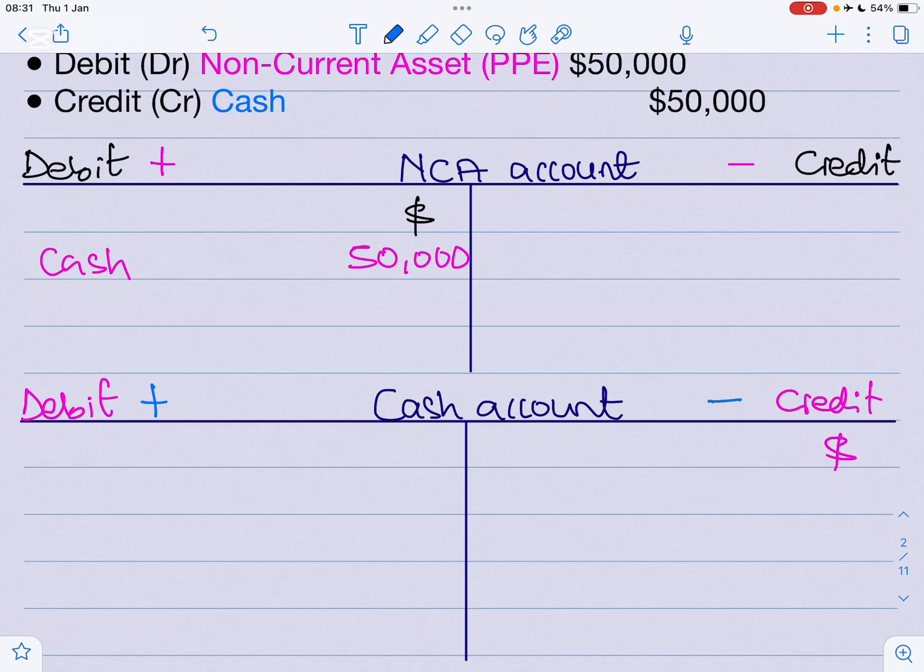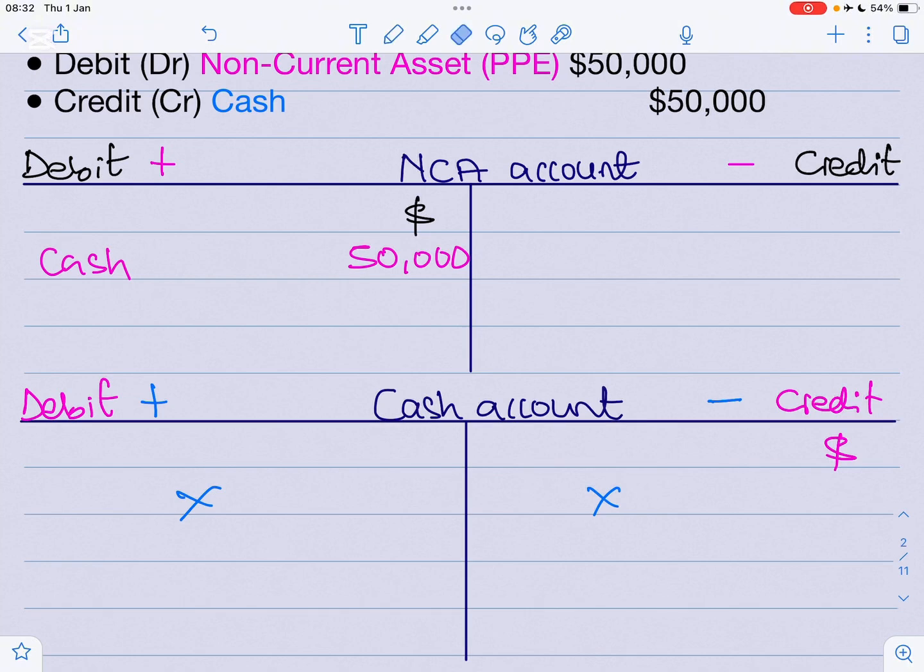We want to record an outflow of $50,000, because in your cash account, when cash is coming in, it is an inflow recorded on the debit side. If cash is going out, it is an outflow recorded on the credit side.